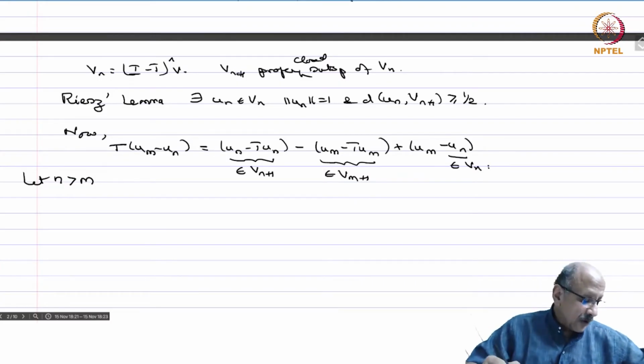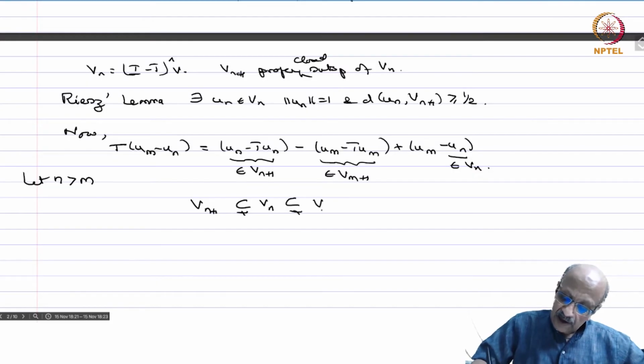N is bigger than m, therefore Vn+1 is strictly contained in Vn, which is strictly contained in Vm+1, and that is strictly contained in Vm.